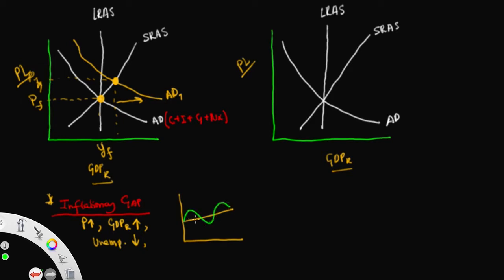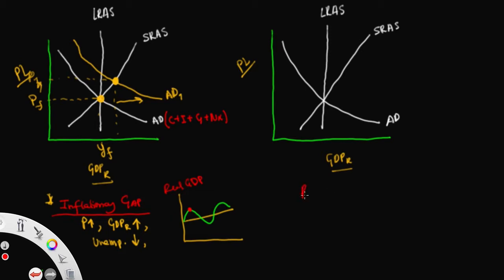If we're experiencing an inflationary gap, we would be somewhere here, above the natural rate of unemployment, where we would be having higher GDP, because the y-axis is real GDP. We would be having higher GDP, lower unemployment, and this is something we would like to call the peak in the business cycle. So we would be having a good economy.